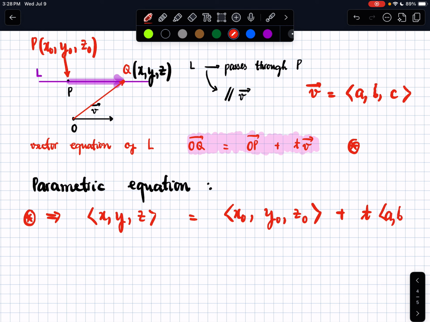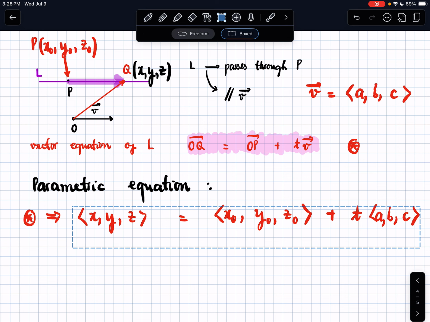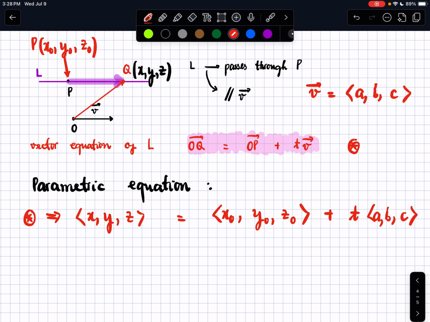Here T is a parameter. This is a real number.